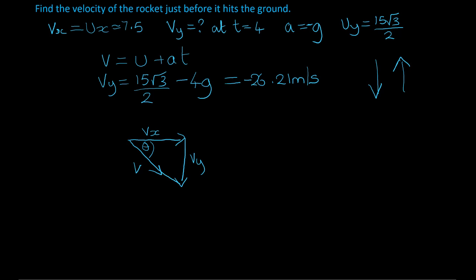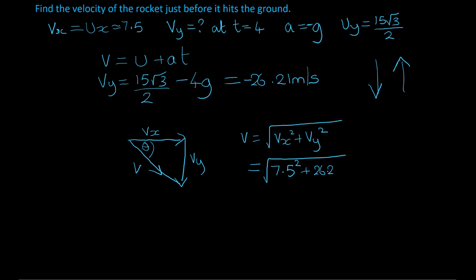Let's deal first with what v itself is. That's Pythagoras, so v equals the square root of vx squared plus vy squared. That gives the square root of 7.5 squared plus 26.21 squared, which through the calculator gives 27.26 meters per second.